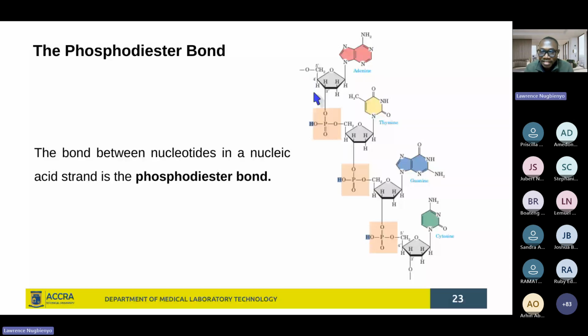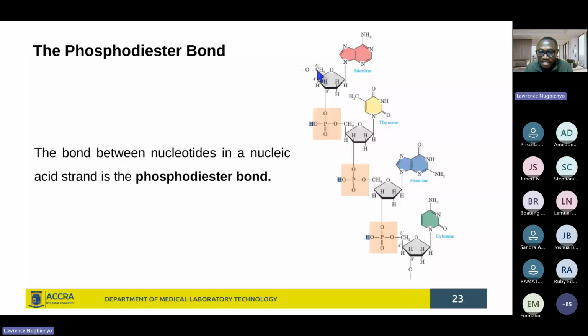You see that the carbon of the sugar at the end is 5 prime. If we were binding another nucleotide above this last nucleotide at the top, it would bind on this carbon number 5.